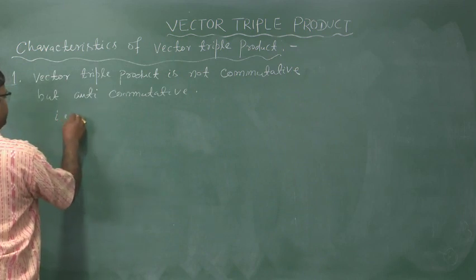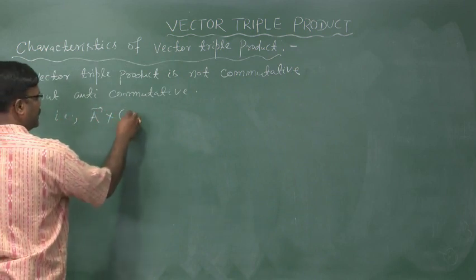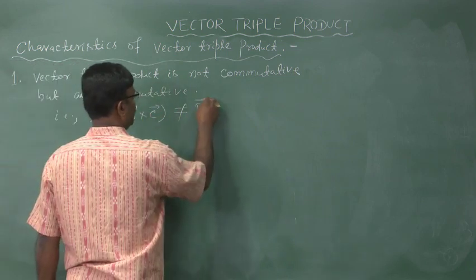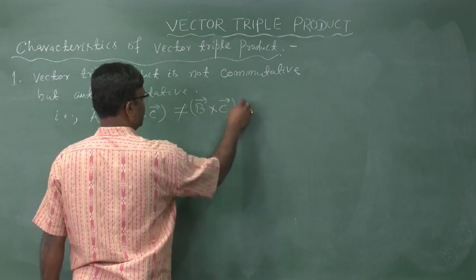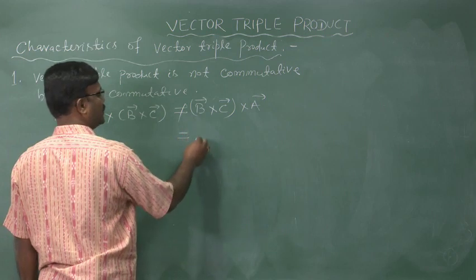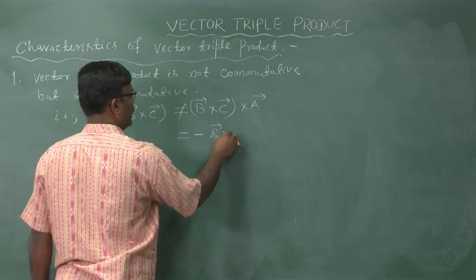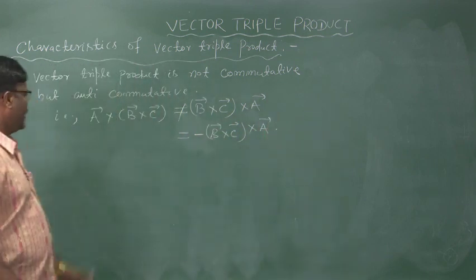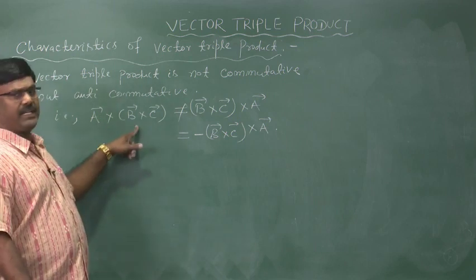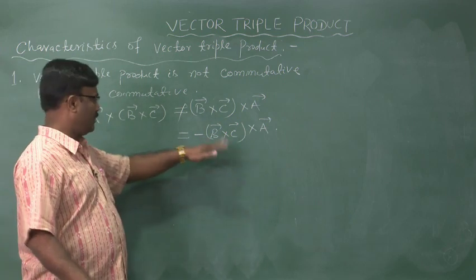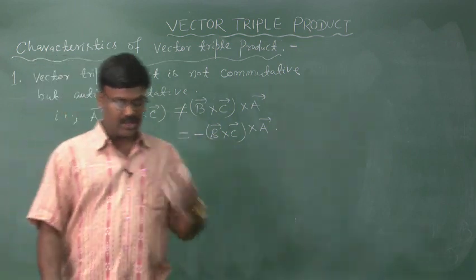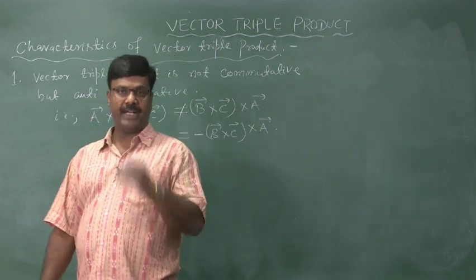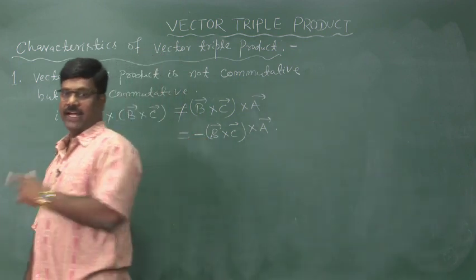That is, A vector cross B vector cross C vector is not equal to B vector cross C vector cross A vector but equal to minus of B vector cross C vector cross A vector. And this can be proved by expanding these terms and we will get this, that is vector product is not commutative but anti-commutative. And the second point is vector product is also not associative.